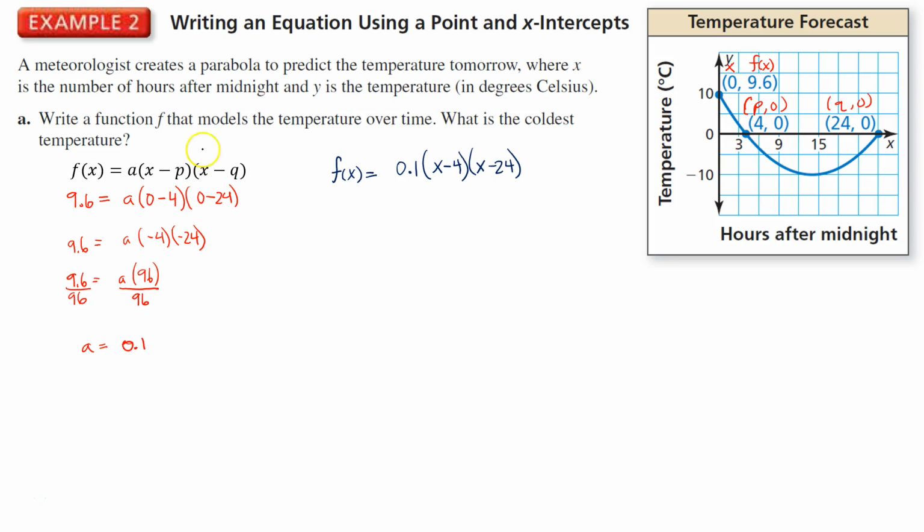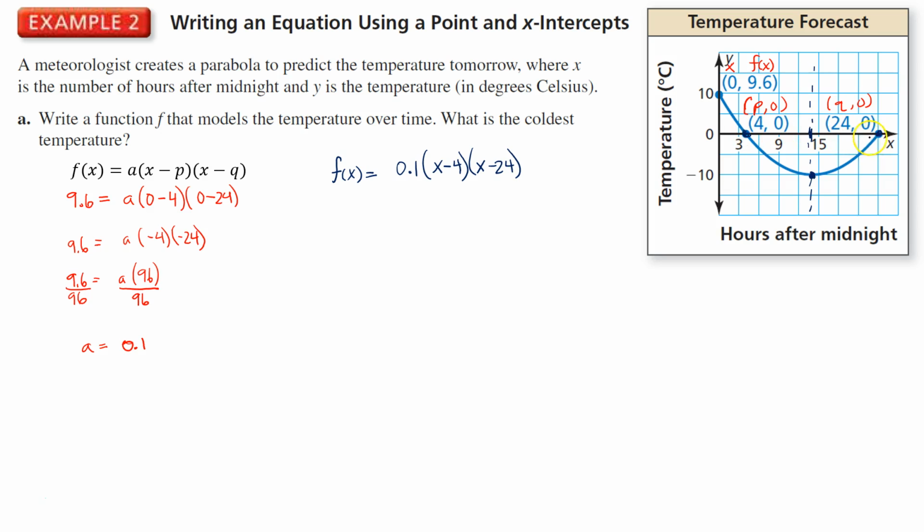Now we need to answer, what is the coldest temperature? Well, the coldest temperature is going to happen down here at the lowest point on the graph, and that's at the vertex. The axis of symmetry goes through the vertex, and that means that these two x-intercepts are equidistant from the axis of symmetry.